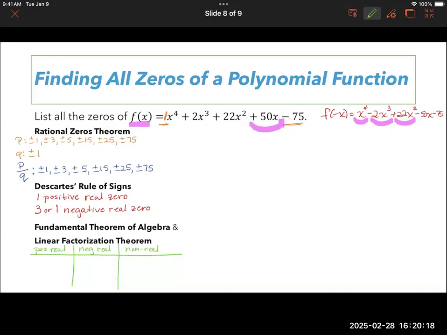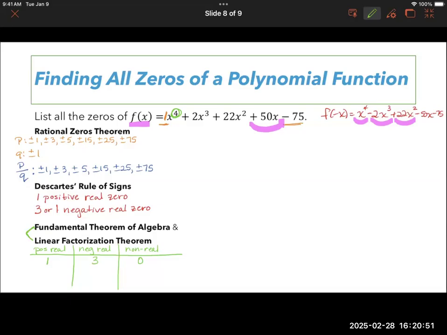And so I'm going to take these results and say, all right, I could have 1 positive real with 3 negative reals. Well, remember the 2 theorems together told us that whatever our degree is, that's the total number of zeros we should have. So if I have a combination of 1 positive and 3 negatives, then in that case, there would be 0 non-reals.